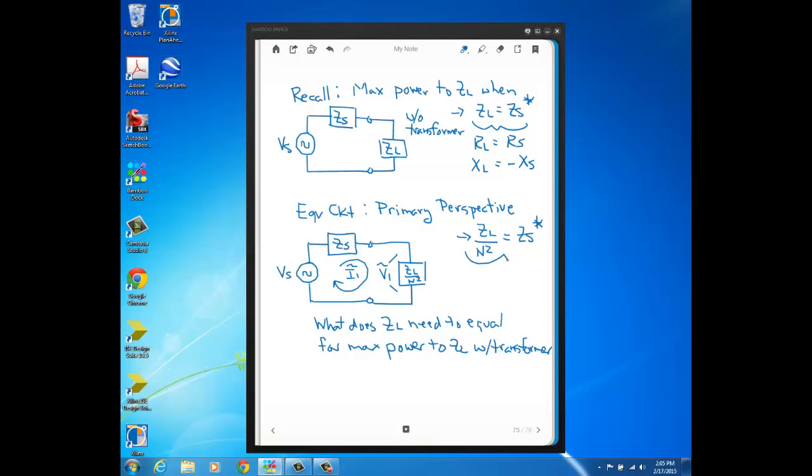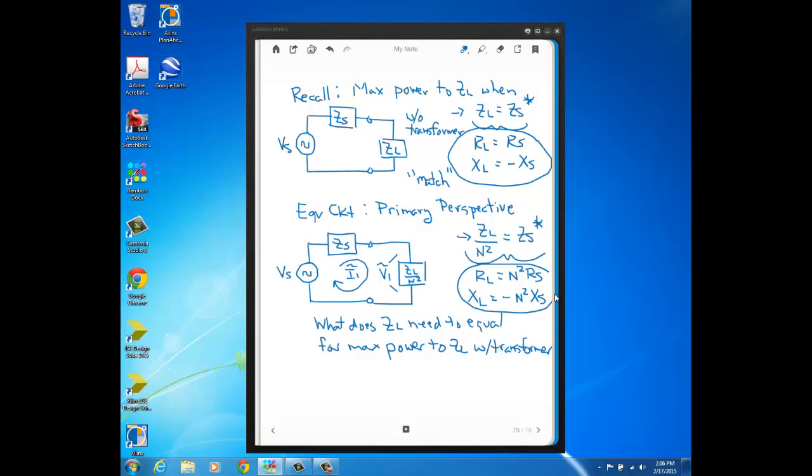It means when you have a transformer, you want RL to equal N squared RS, and you want the reactance of the load, XL, to equal minus N squared times the reactance of the source. So this is what you need to get a match, because remember again, that term match means maximum power transfer. So to get maximum power transfer without a transformer, you need these conditions.